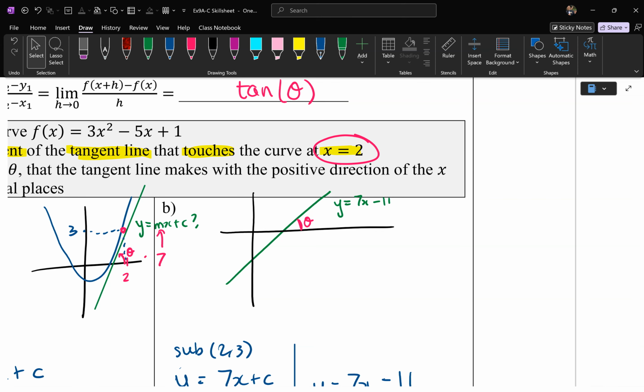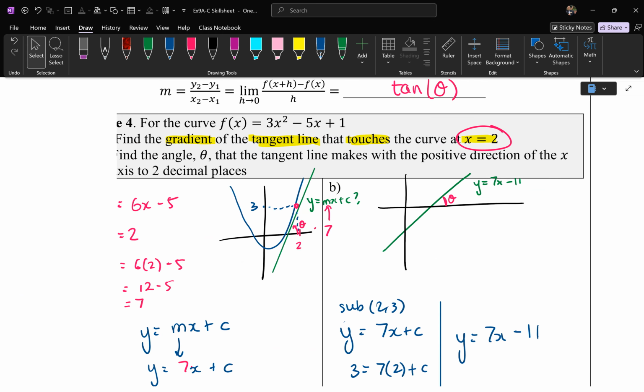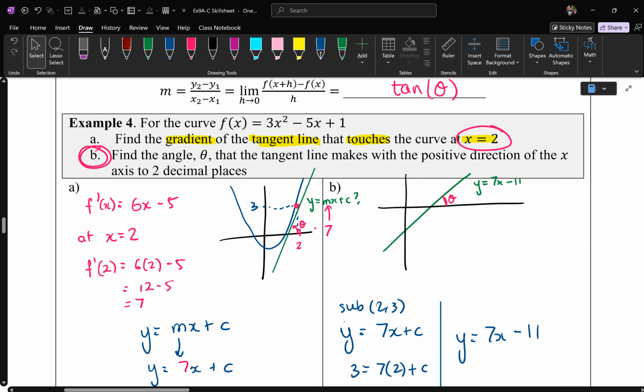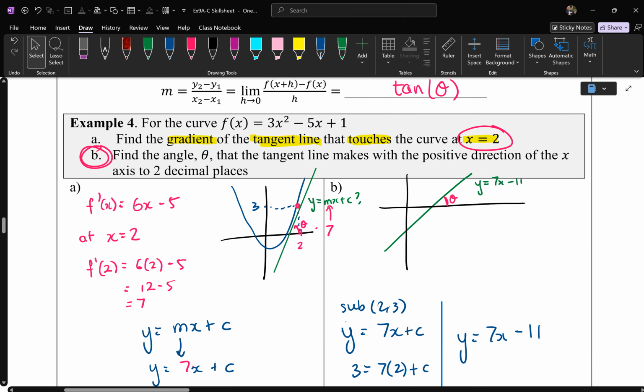Hint: it's one of the properties I gave to you just before we started this question. Gradient is equal to rise over run, tan of an angle. But we already found the gradient. Remember, at that particular point, the gradient is 7.